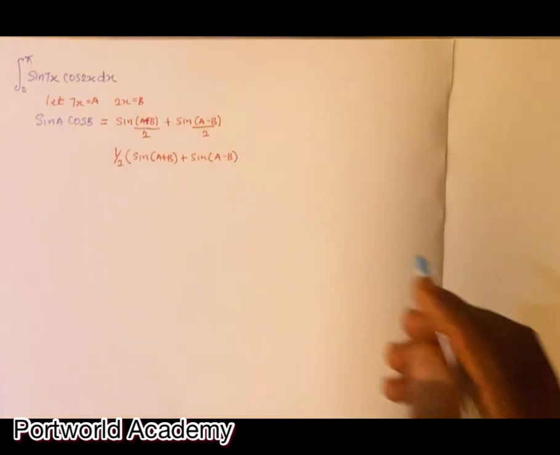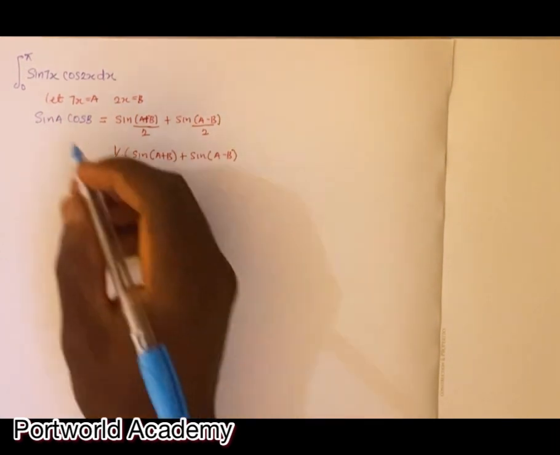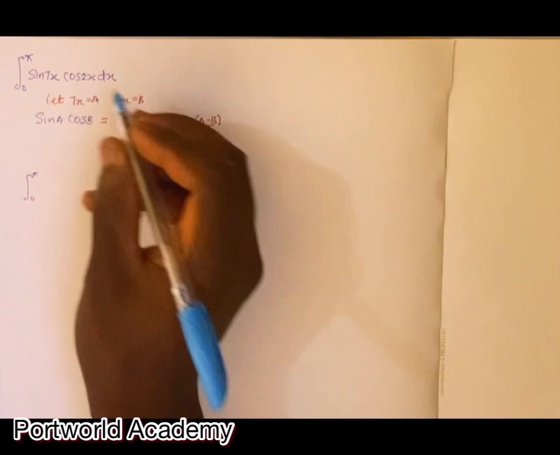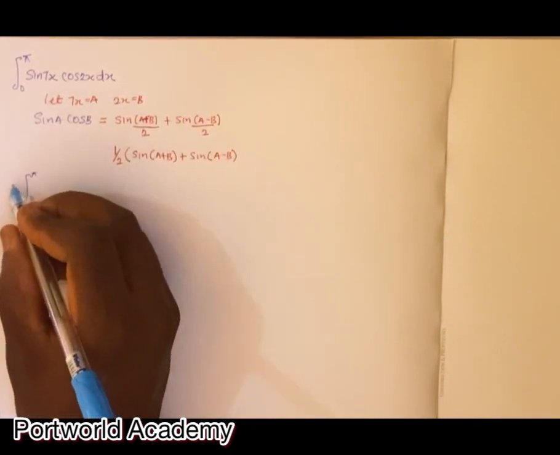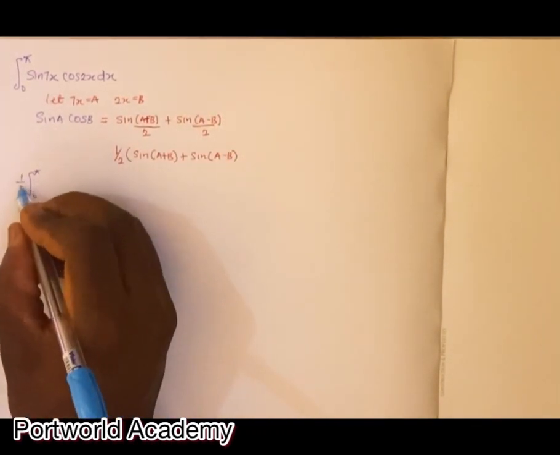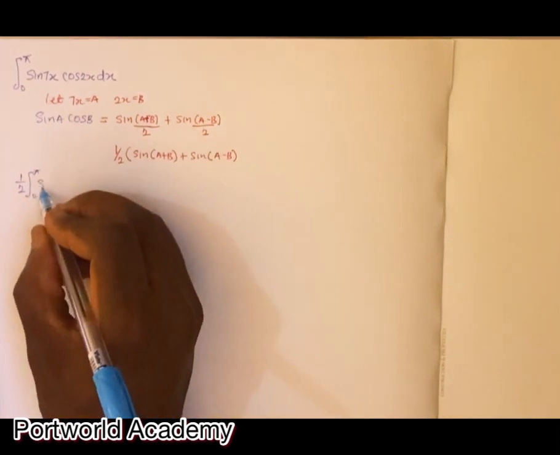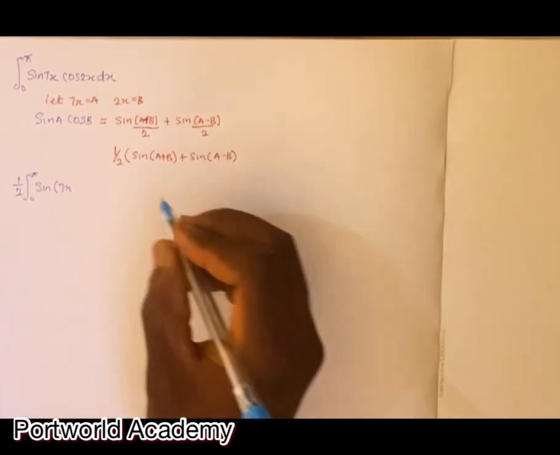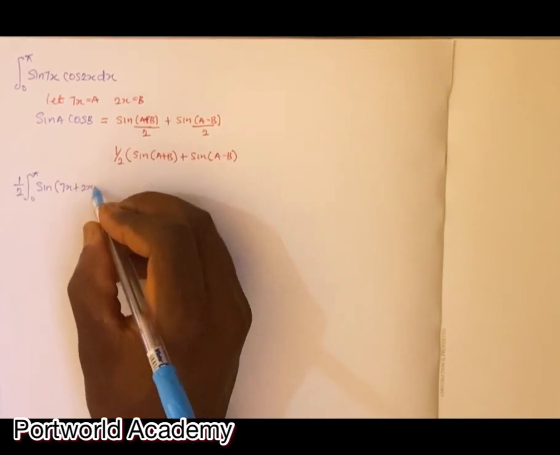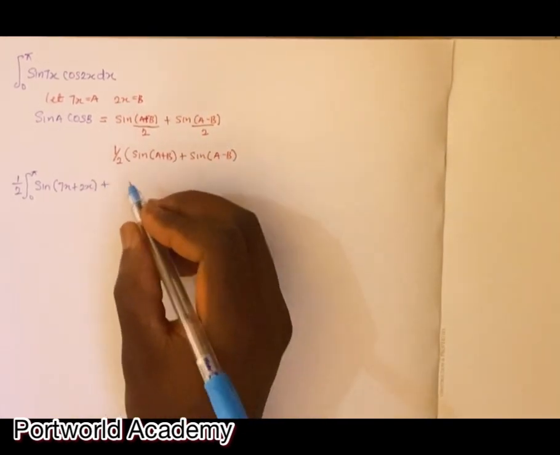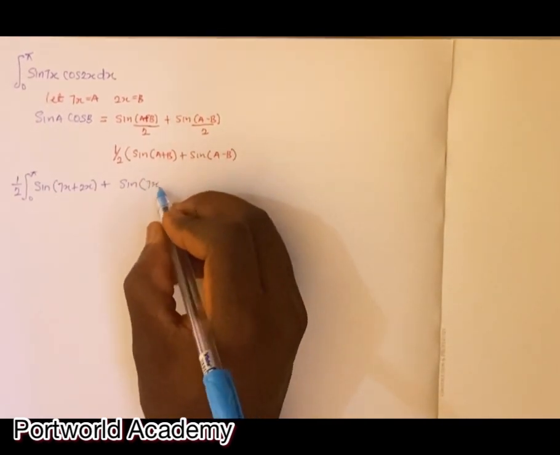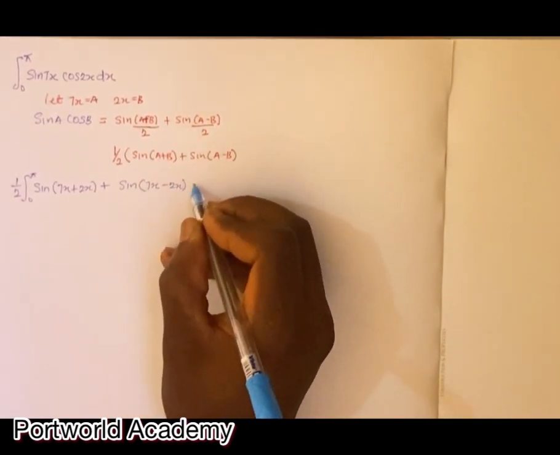So in this case, I will make use of this. My integral from 0 to pi is going to become 1 over 2, factorized out, then sine of A plus B, where my A is 7x plus B, which is 2x, then plus sine of 7x minus 2x dx.